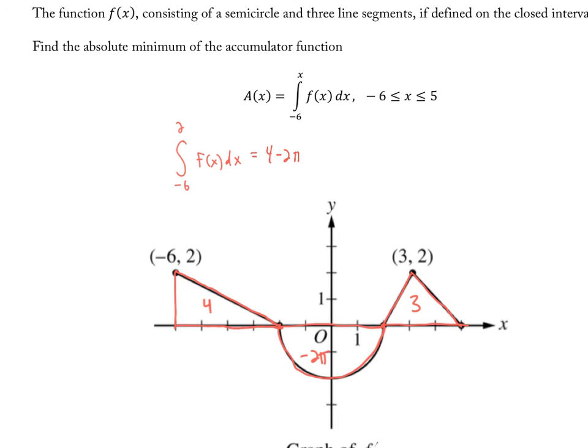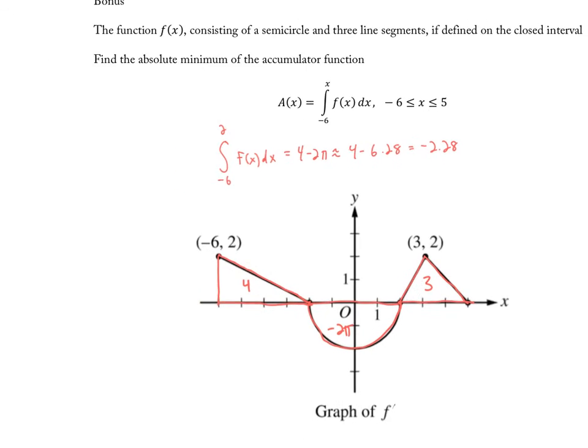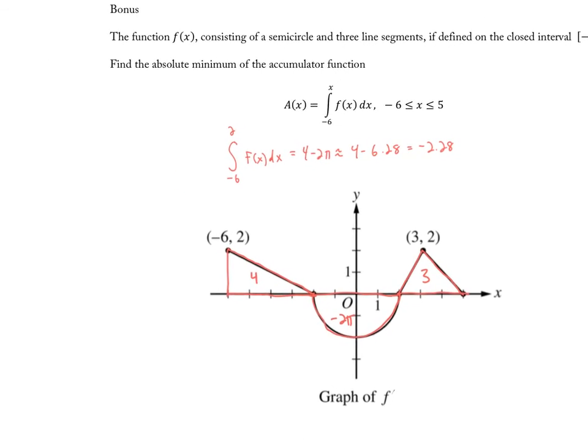Okay, this is some negative number, right? Because this is 4, this is about 4 minus 6.28, 3.14 times 2. So that's negative 2.28, about. And that's got to be the minimum there.